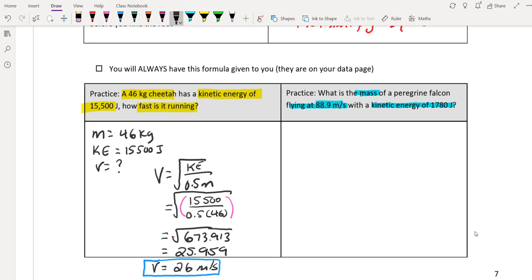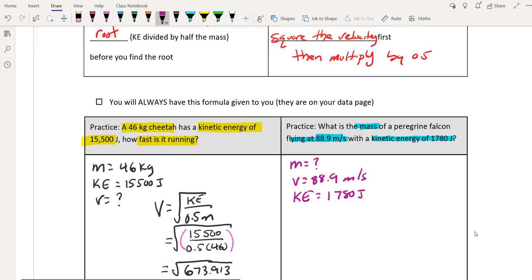So our first step is to write out our unknown and known values. The mass is what we're trying to find out. We are given a velocity of 88.9 meters per second and a kinetic energy of 1,780 joules.